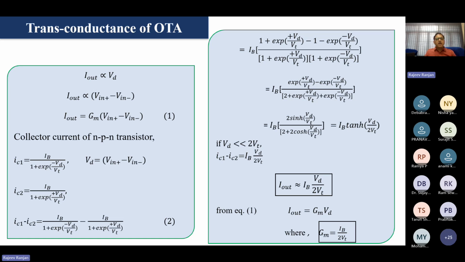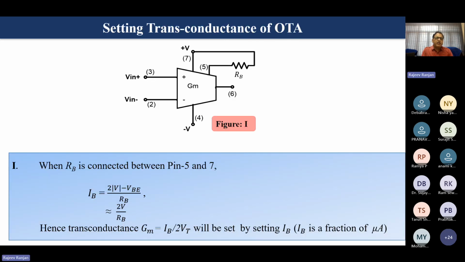So we saw how we calculate the transconductance of the basic building block OTA in this case. Now, I already told we can change the GM of the circuit.